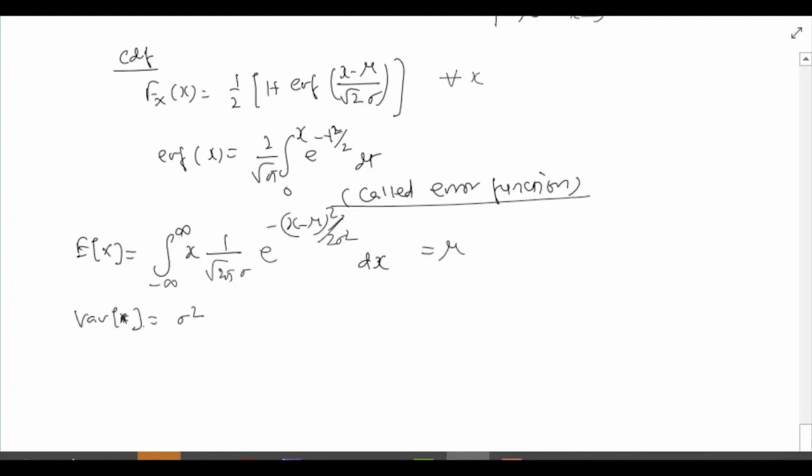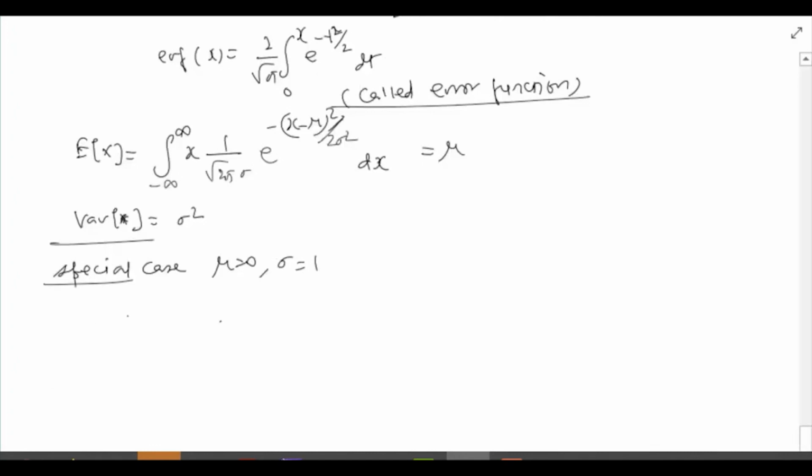Of special interest is the special case where mu is 0 and sigma is 1. The special Gaussian distribution with parameters 0 and 1 is called standard Gaussian distribution or standard normal distribution.